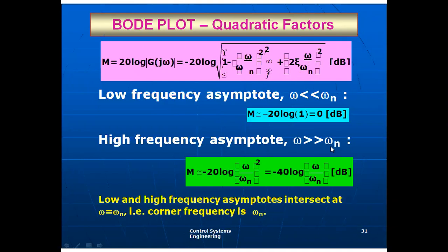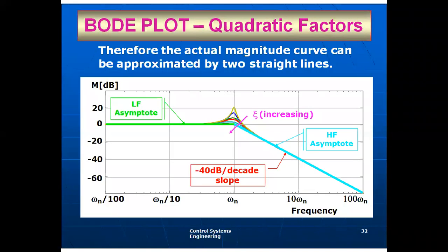For omega greater than omega n, you will get minus 20 log of (omega divided by omega n) square, so minus 40 log of omega divided by omega n. This will contribute a slope of minus 40 decibel per decade.